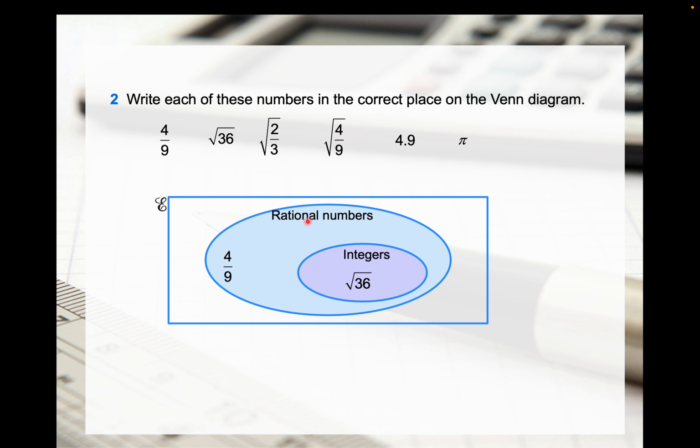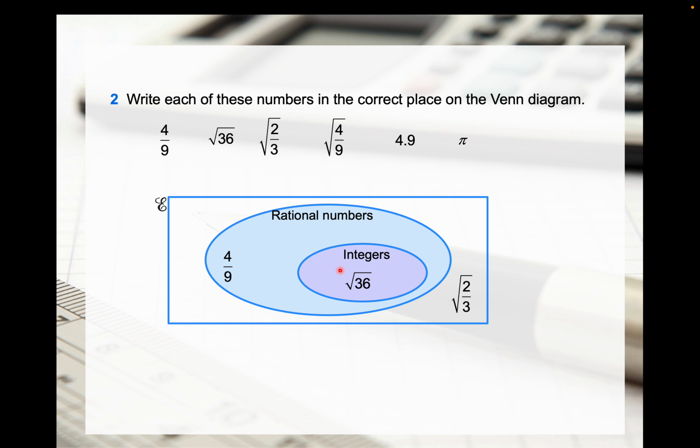Square root of 2 out of 3 is going to be irrational. It's neither integer nor rational, because it's not a perfect square. Neither 2 nor 3 is a perfect square, so we're just going to write it outside the set. This is a universal set, and we have the rational set and the integer set, so it's going to be outside of those.